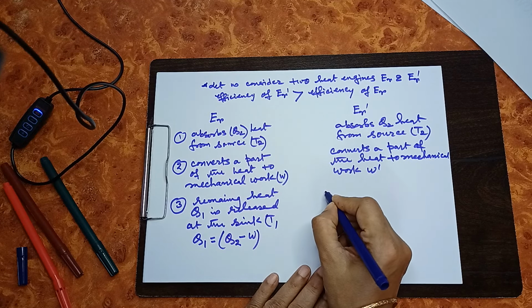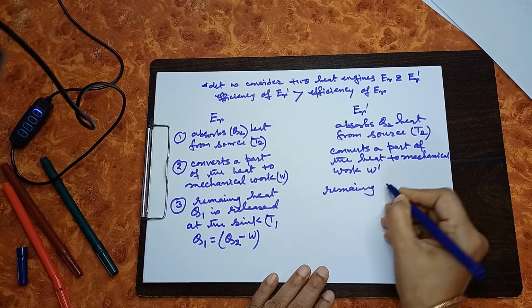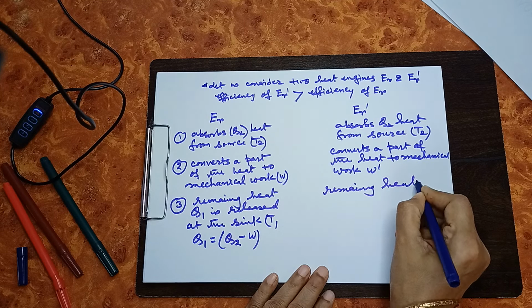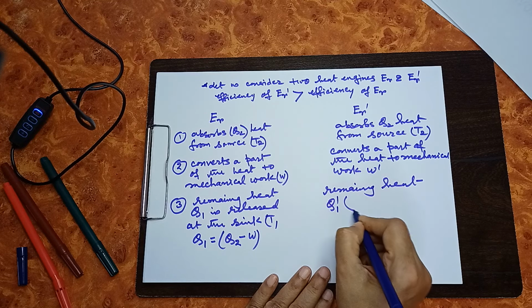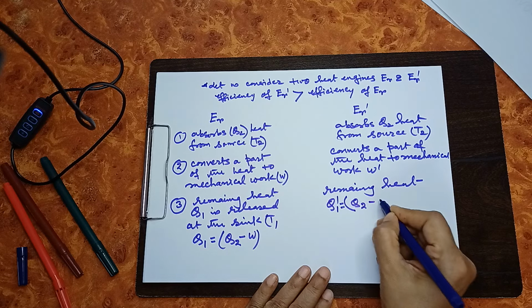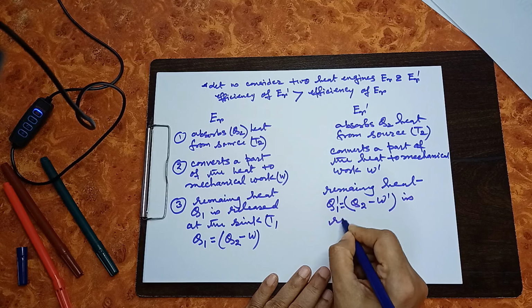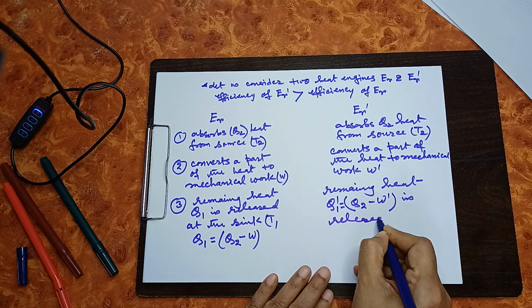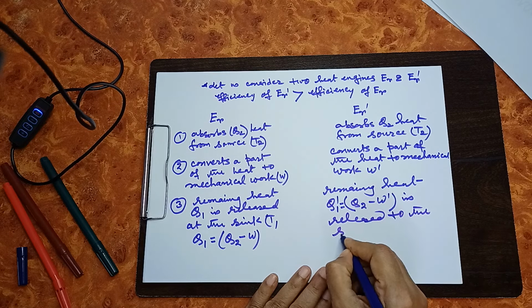And now here remaining heat, that is Q1 dash, and Q1 dash is equal to Q2 minus W dash, is released to the sink.